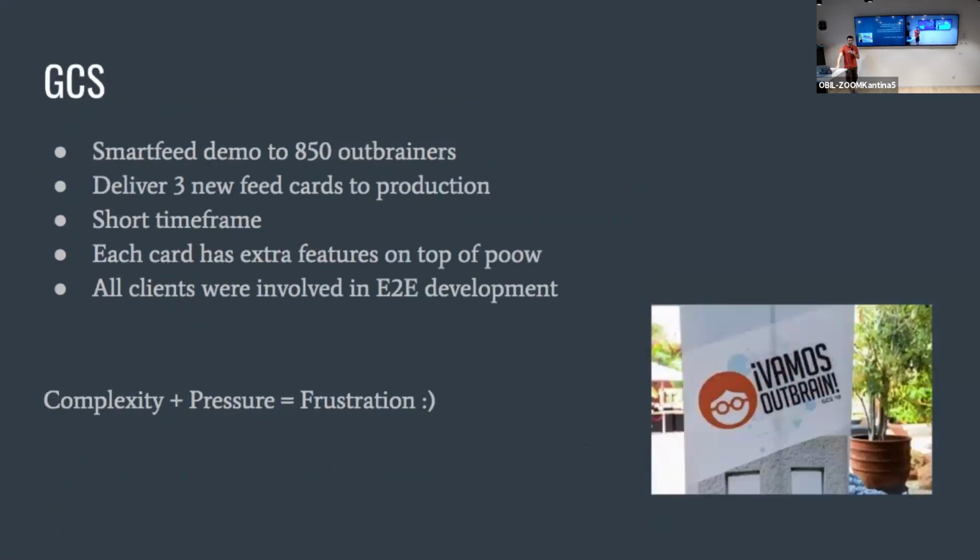And then comes the GCS. For the GCS, we provided a live demo for the keynote speech of the smart feed, and we created 3 new card experiences, which were new to Outbrain, and it was done in a short time frame, about a month to develop these cards end-to-end.